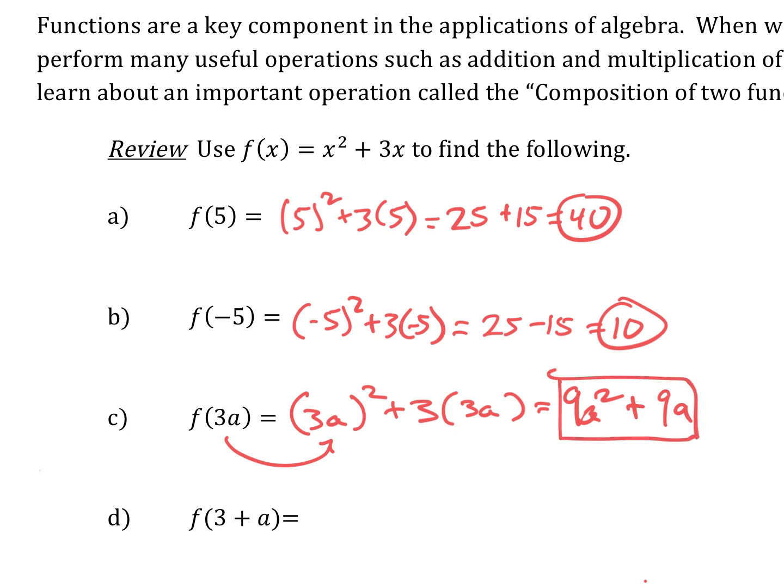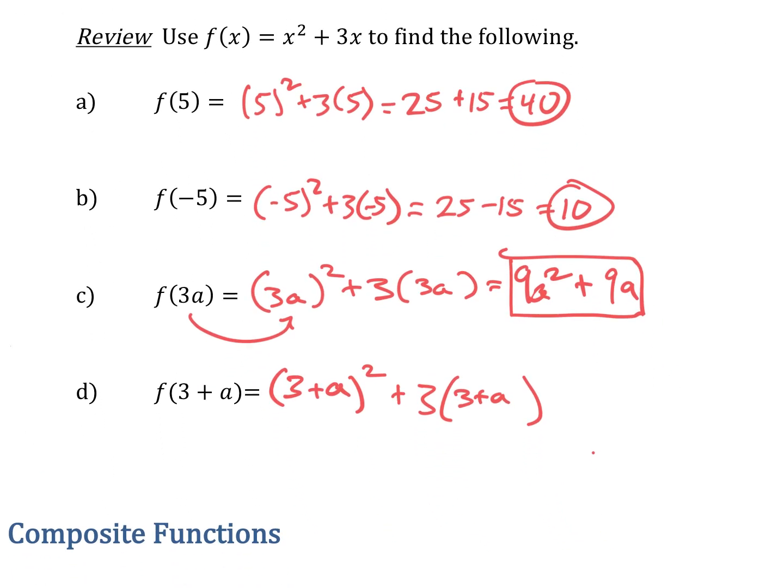How about f of 3 plus a? Well, again, the function f is going to be x squared plus 3 times x. We've got our blank squared plus 3 times blank. And now we're going to fill that blank, that empty space, with 3 plus a. So we're putting 3 plus a everywhere there's an x. Now we just have to clean it up.